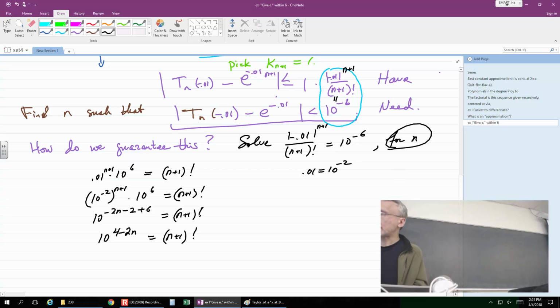Let me check my computations. Okay, so I have negative 0.01 to the nth power, n plus first power divided by n plus 1 factorial. I have an equality over there to solve. n plus 1 in the numerator, 10 to the 6th. I have negative 10 to the negative 2, negative 2n minus 2 plus 6, 4 minus 2n.